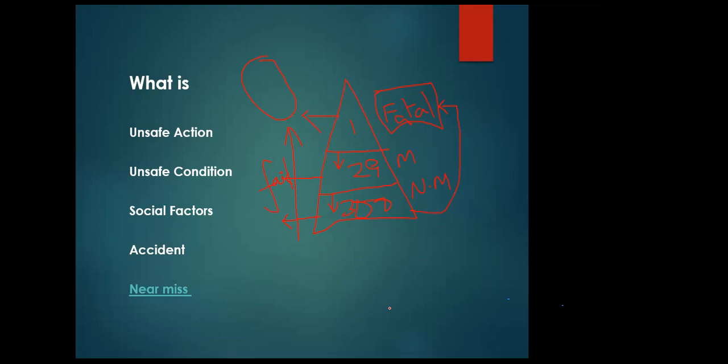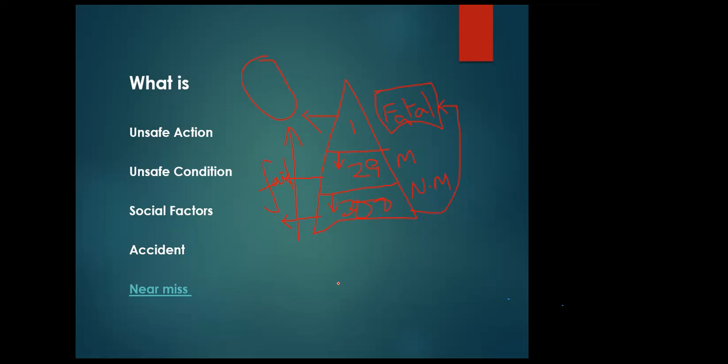Whoever reports a near miss, those workers or employees should be recognized and get some reward or recognition for participating. Whatever near misses are reported, we have to categorize as minor, major, and severe, and take actions based on the category.